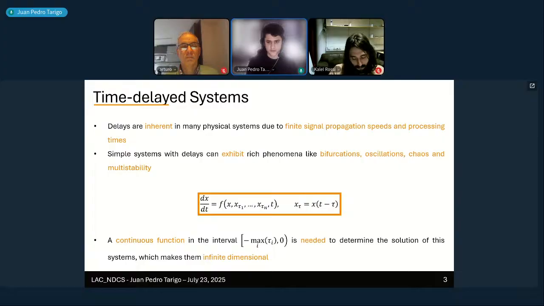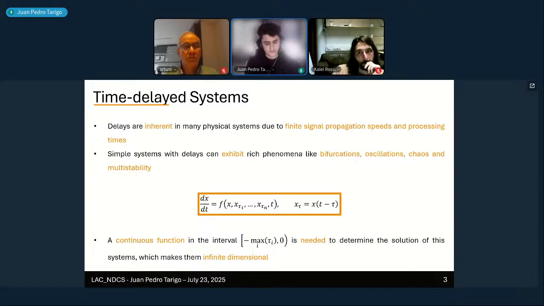These systems are very interesting because they exhibit very rich phenomena in very simple systems. You can have only one variable and a very simple system, and they exhibit chaos, for example, or you can have only one variable and a linear system, and it exhibits limit cycles also. They're also interesting because you need to define the state of the system: you need a continuous function in some interval, and in continuous time systems that makes the system infinite dimensional.